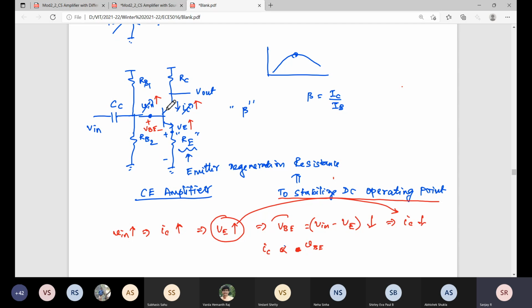We should understand BJT, then only we can go to the advanced concept. People say only MOS is used, but MOS is not completely new. It is coming from BJT, a modified version of BJT. Whatever amplifier we are studying is the same as BJT, only instead of BJT we are using MOS.